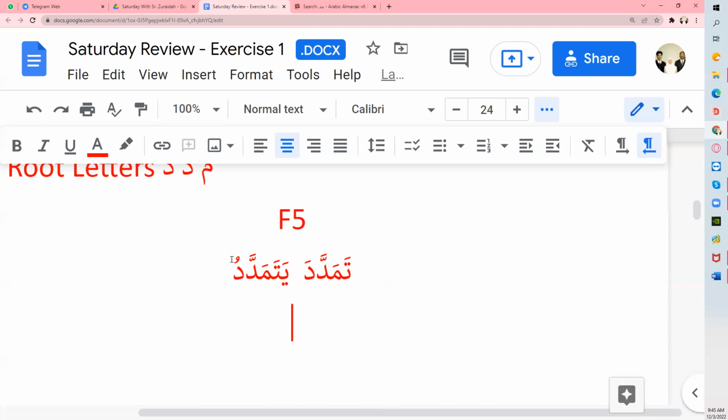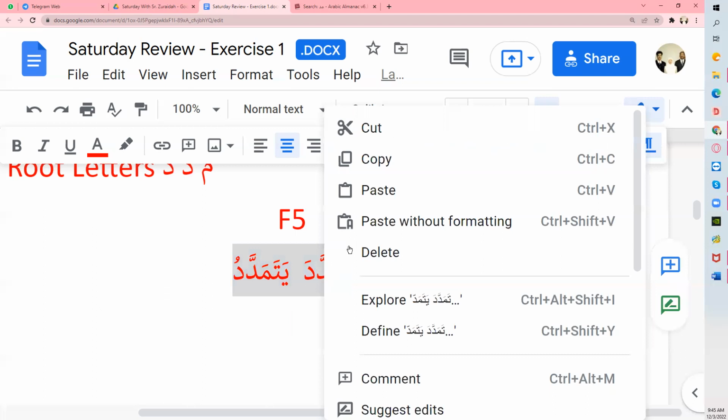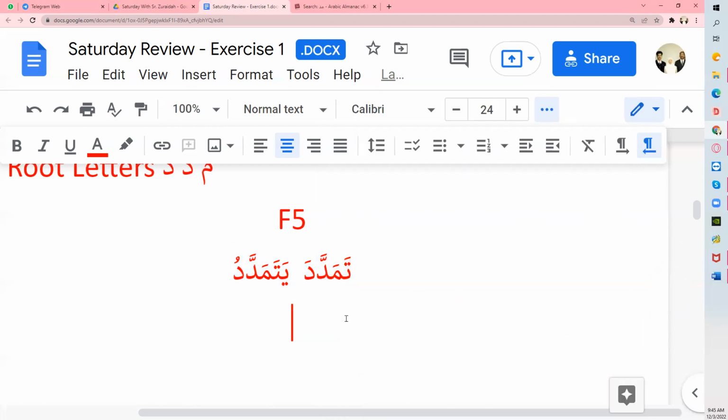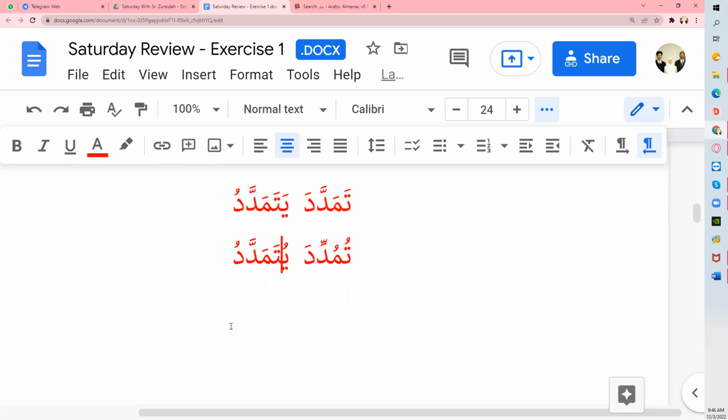So now we just do the same thing for the passive, but we just change the signs, the harakat. So now to make the u sound, as you say, is u. Tumuddida. Okay, and this one was also passive now. So this is yu. Tumuddadu. Yeah, so this is just good.